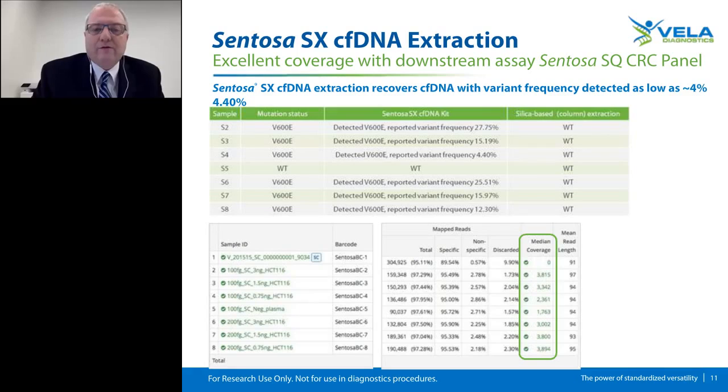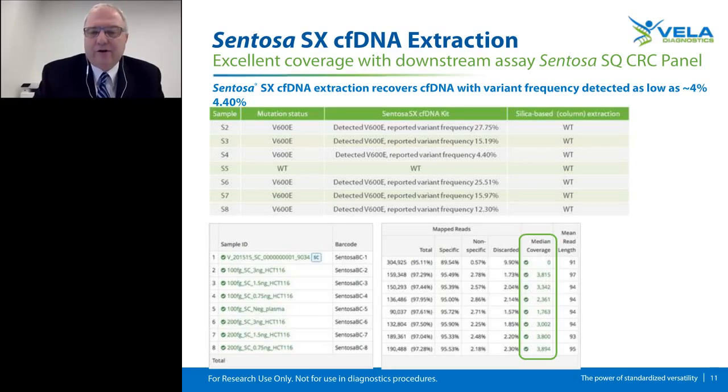Okay, so for sample number 2, we detected the V600E mutation and reported the variant frequency at 27.7%. Whereas running side by side with a silica-based column extraction method, only wild type was detected. All right. Again, looking at sample 3, 15%, and then all the way down on sample 4 to approximately 4% mutation.